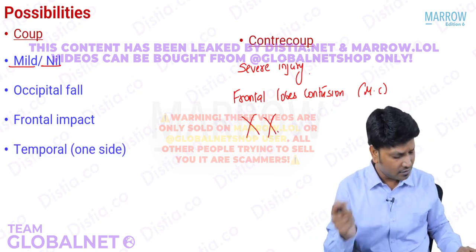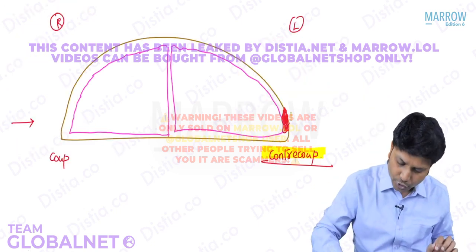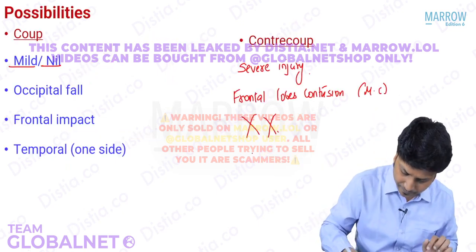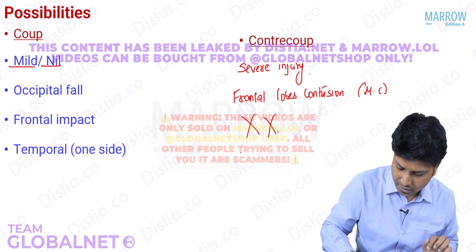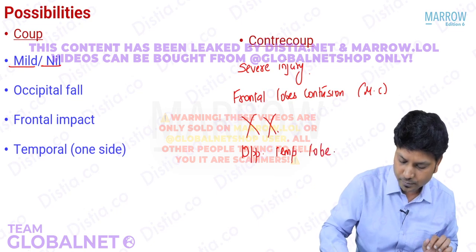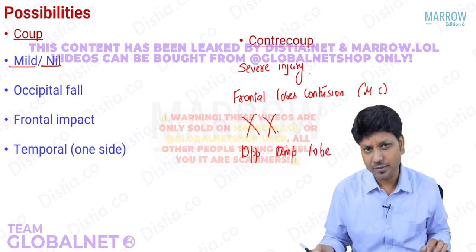Suppose you hit the temporal region on one side, you will get injury on the opposite side, right? So this is fine. You will get contracoup at the opposite temporal region, the opposite temporal lobe. This is expected.